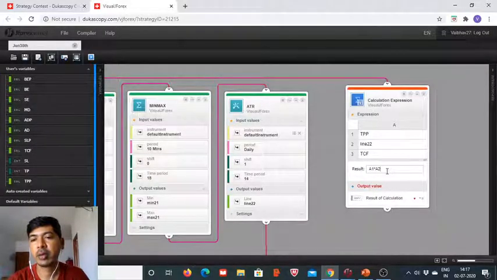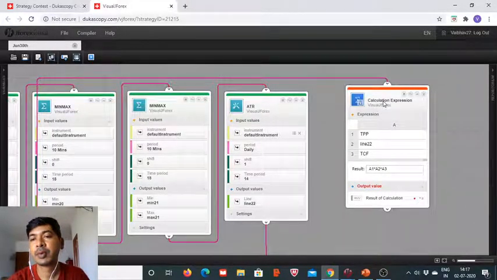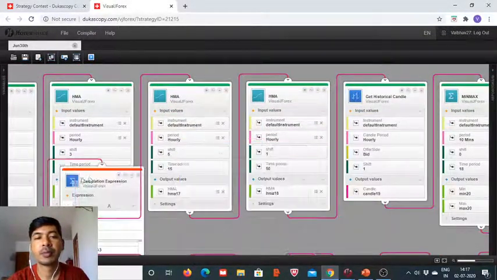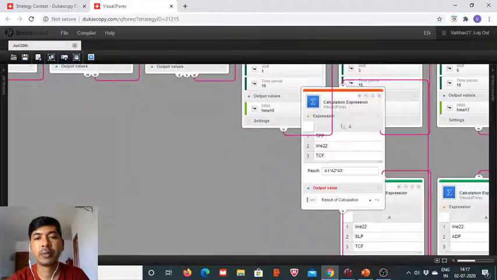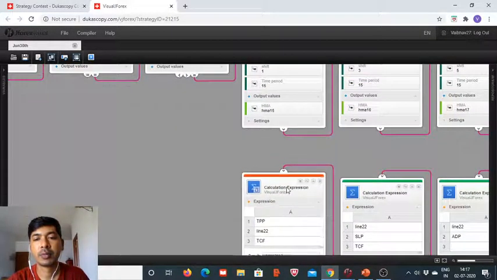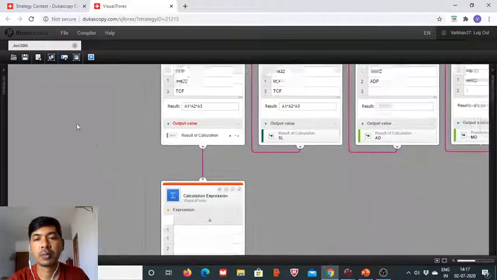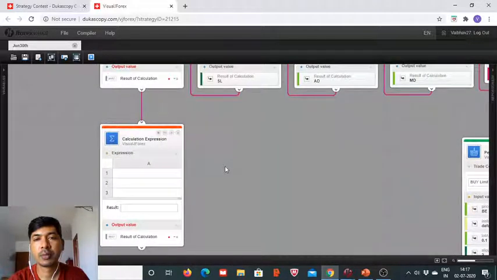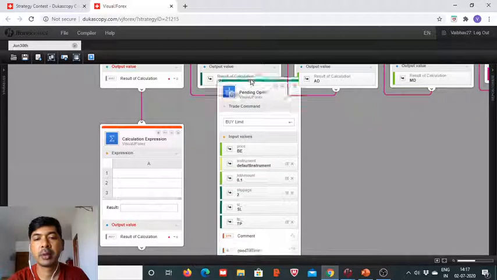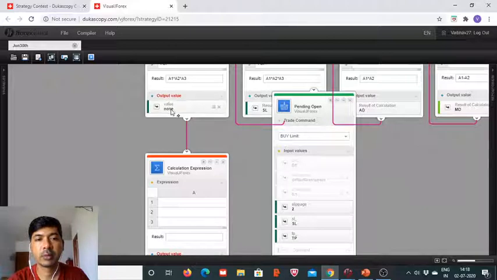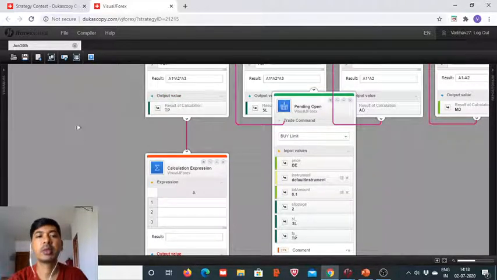All right, so it is going to be a1 into a2 into a3. And here we have this variable target price, which is going to be the result of this calculation.